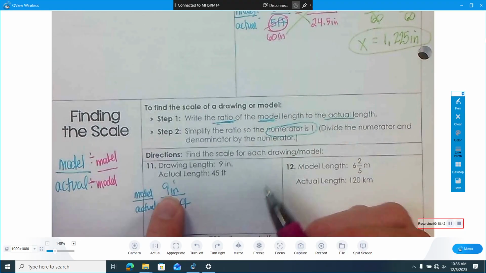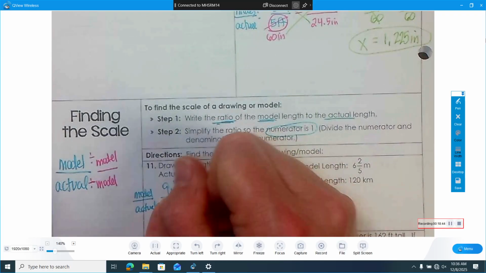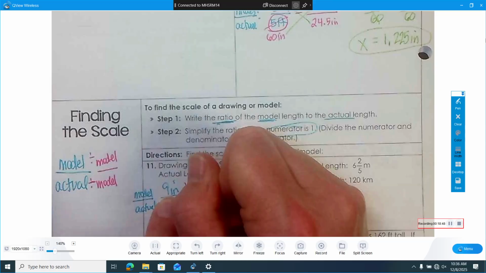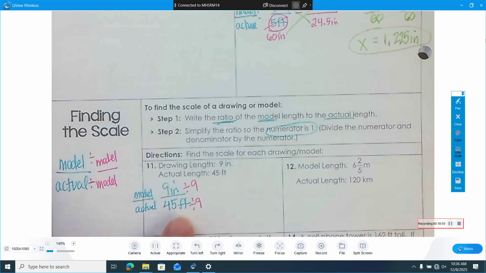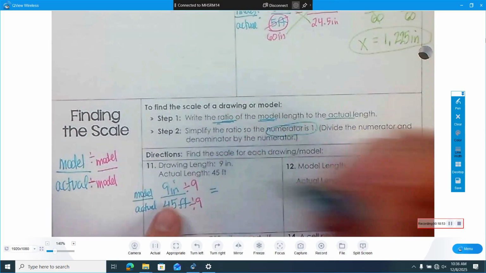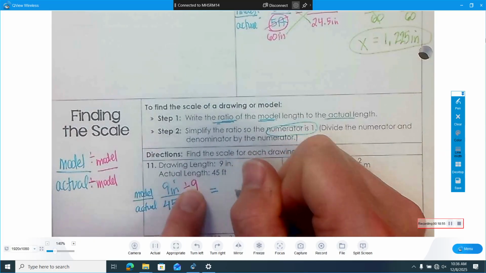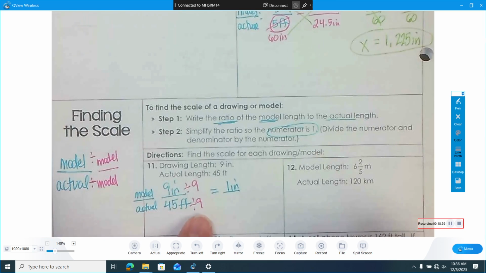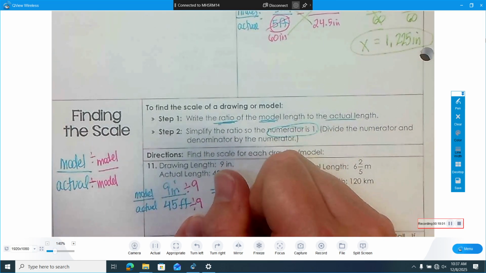I want the numerator to be 1. What should I divide by? 9, sure. So we're going to divide top and bottom by 9. That gives me 9 divided by 9 is 1 inch over, what's 45 divided by 9? 5 feet.